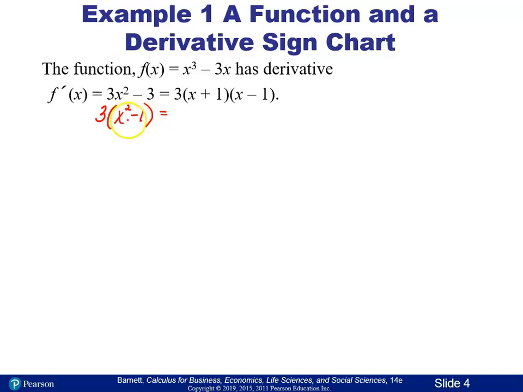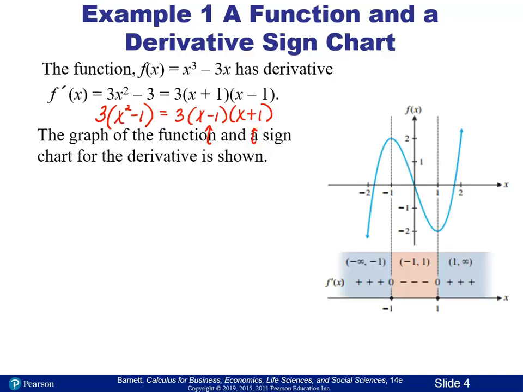Then we have the difference of squares here, so that's 3 times x minus 1 and x plus 1. We're going to get our critical numbers from these factors, and that's going to be used when we do our sign chart.